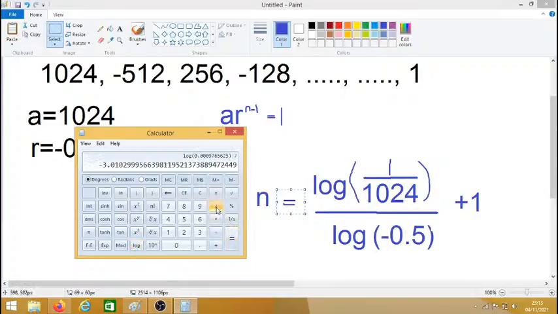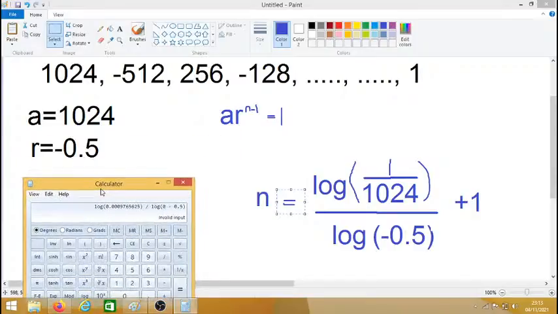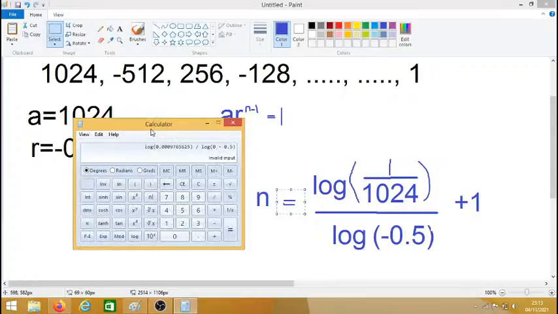And then I want to divide that by minus 0.5 and the log of that. That's not working, so let's try another way.